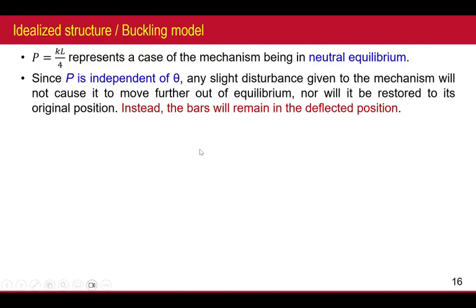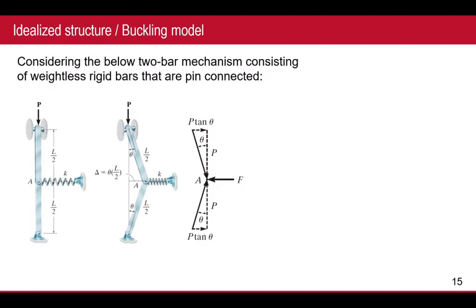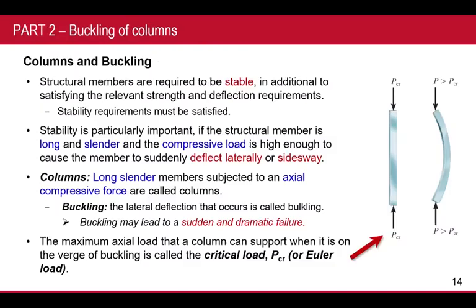That means going to any location will keep the equilibrium condition. Nor will it be restored to its original position. That means after the load is released, it will not go back to its original position. That's why in many cases after buckling, it cannot restore to its original straight position. No, this has already failed.